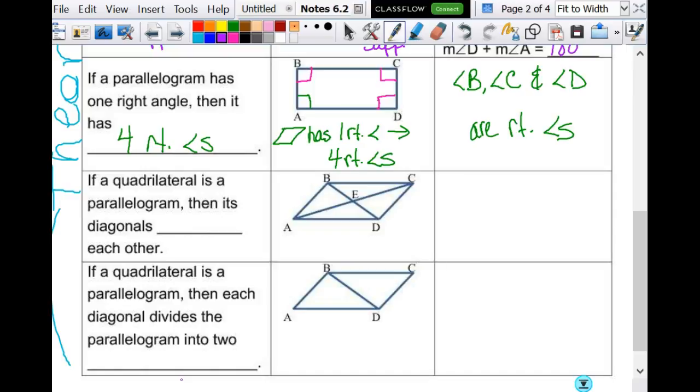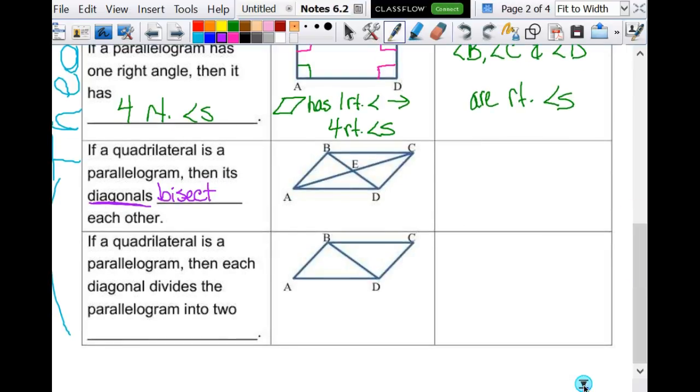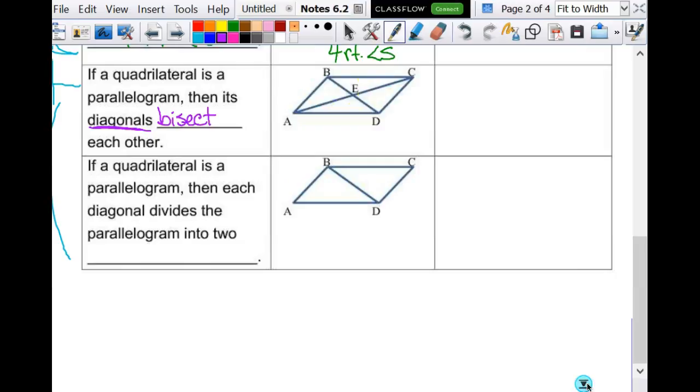All right, so then we're back to, if a quadrilateral is a parallelogram, then its diagonals do what to each other? Bisect. Good. So the diagonals bisect each other. So these two pieces are congruent, these two pieces are congruent. So if it's a parallelogram, then the diagonals bisect each other.